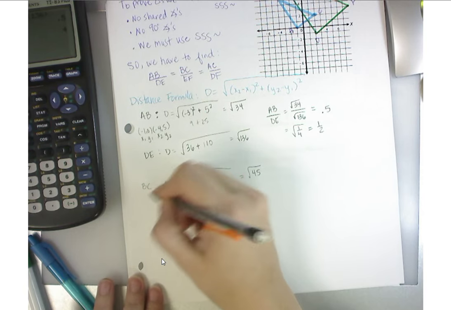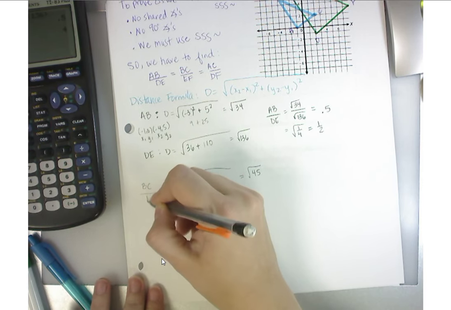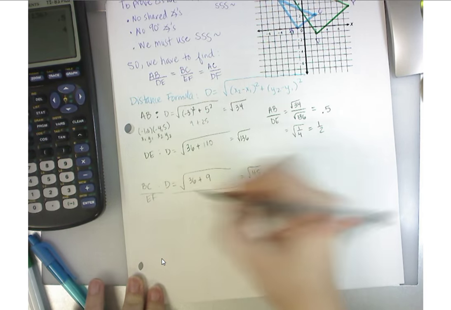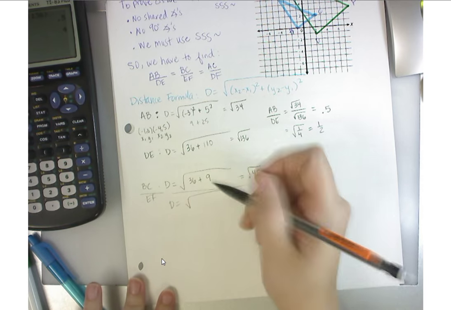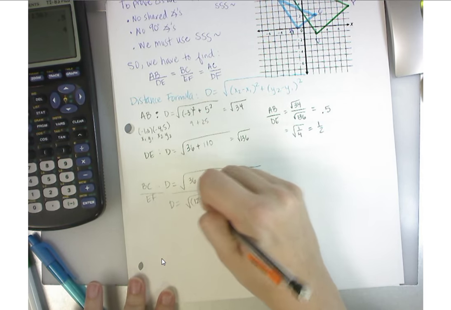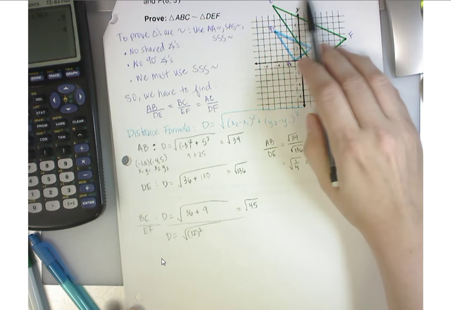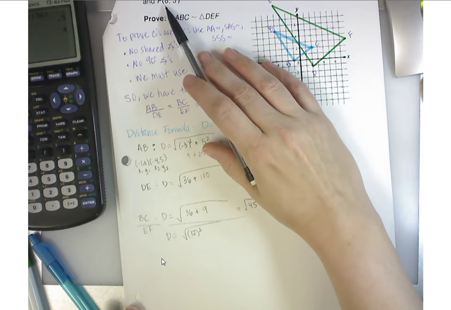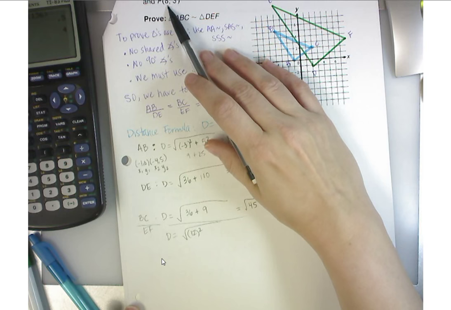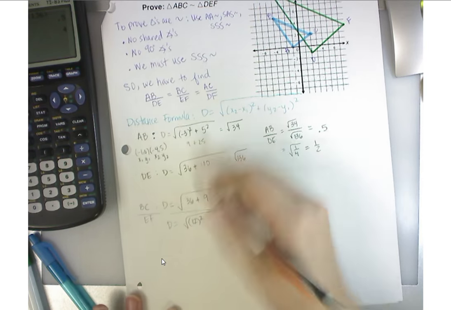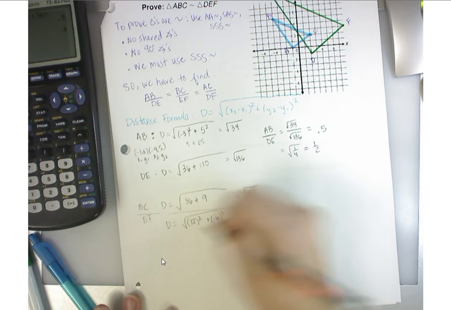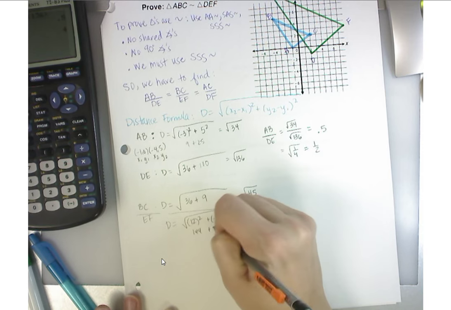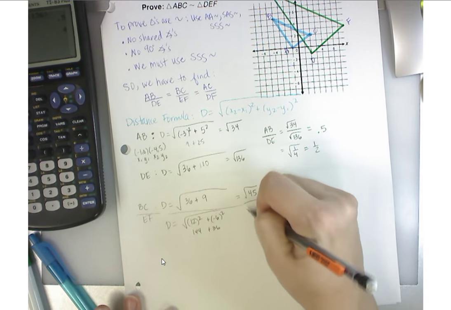Okay, and then so it's BC, it's going to be over EF. So I would just do the distance of it underneath. You're going to get 12 squared when you subtract. So you have EF. 8 minus negative 4 is really plus 4. 3 minus 9 is negative 6. So you have 144 plus 36, which is 180.